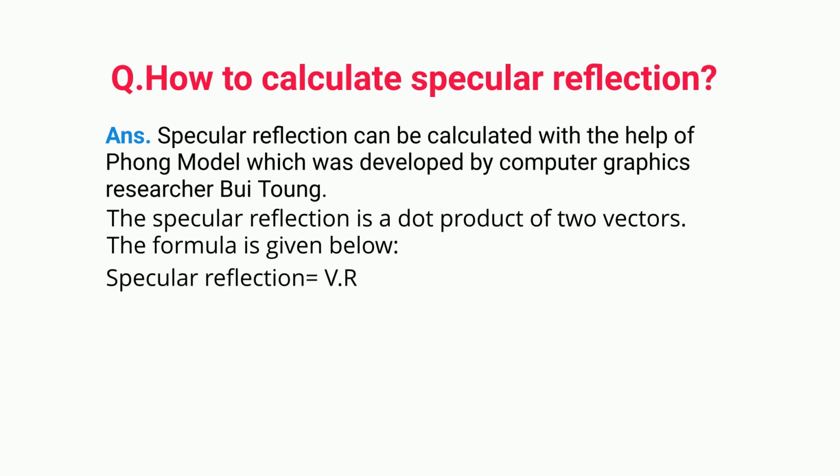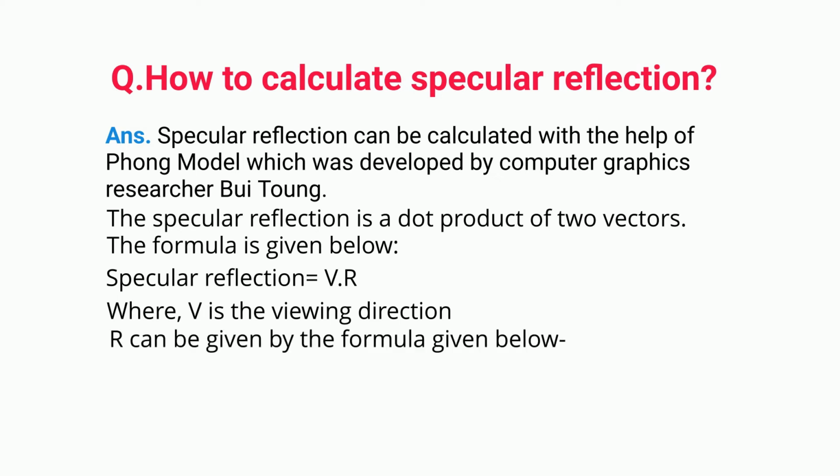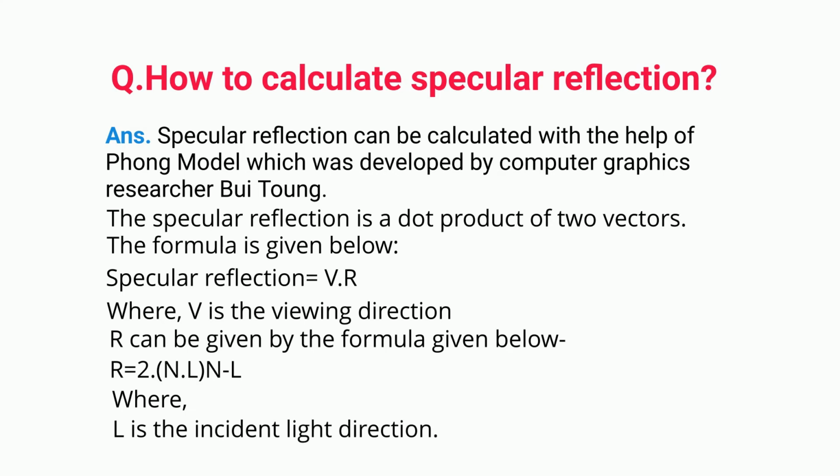Specular reflection equals V dot R, where V is the viewing direction. R can be given by the formula R equals 2(N dot L)N minus L, where L is the incident light direction.